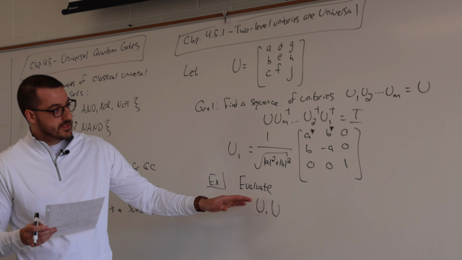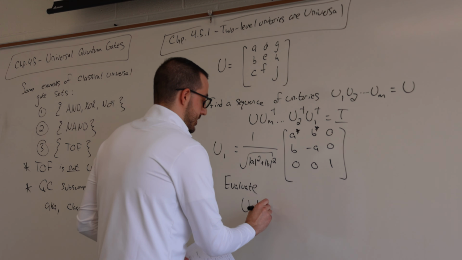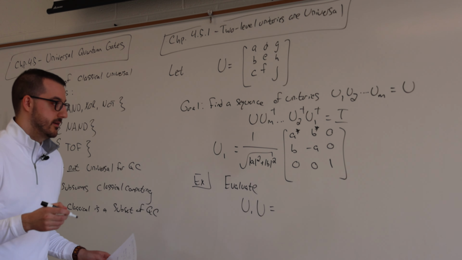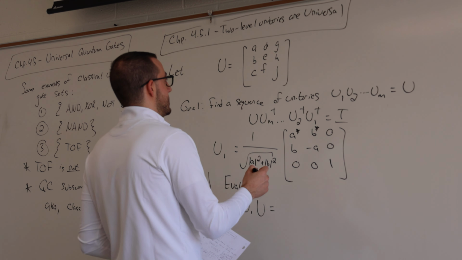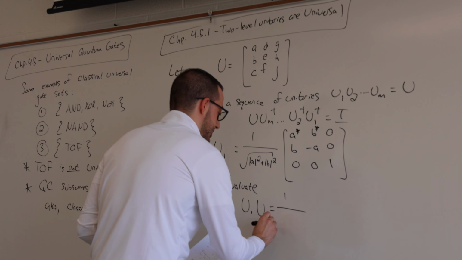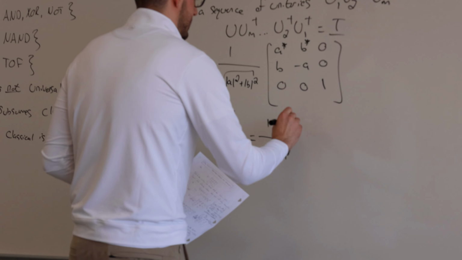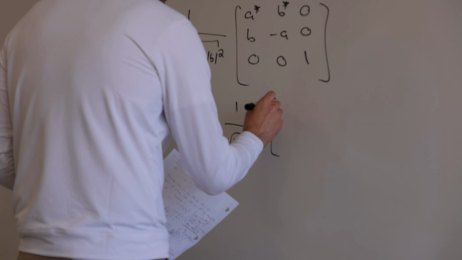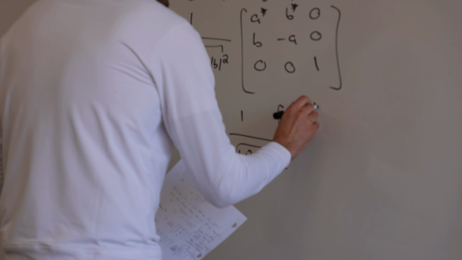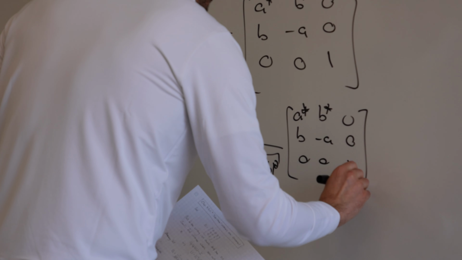When you do this, you should see that one of the matrix elements is 0. Let's see why that is. I'll write it out explicitly just so that we can see it. So U1 on the left, 1 over this normalization, square root of mod a squared plus mod b squared, and then we have this unitary: a star, b star, 0; b, minus a, 0; 0, 0, 1.